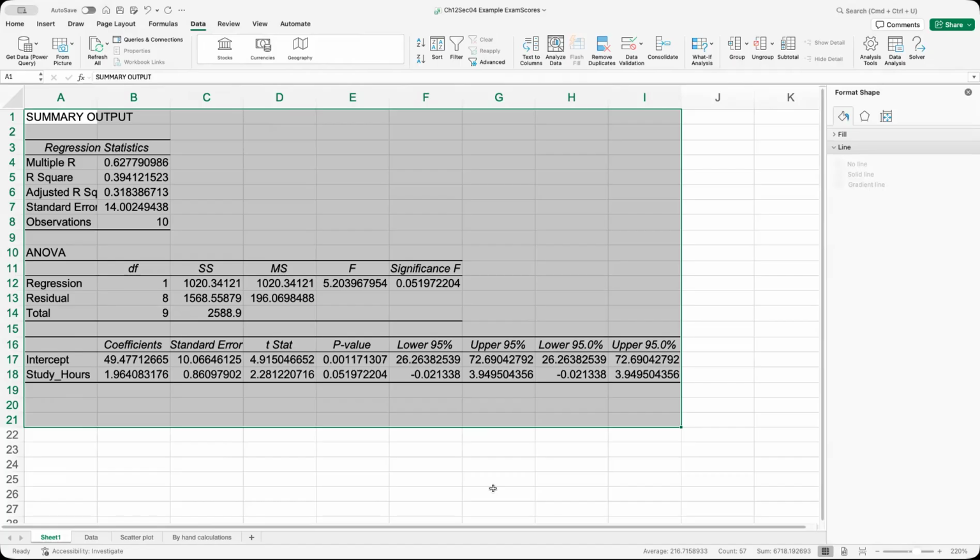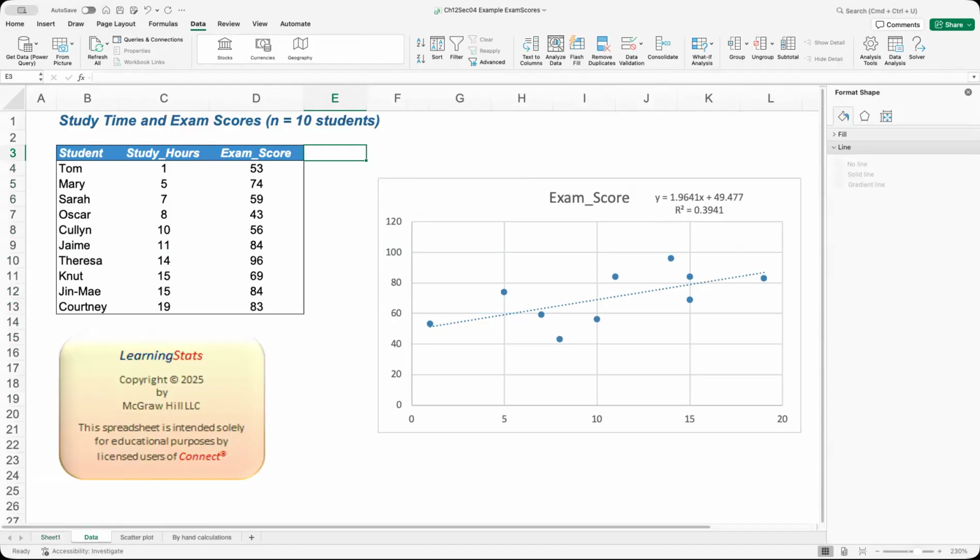Now, I'm pretty sure I can blame this on one person. Because if I go back and look at this data, I don't know what he was doing, but he studied for 15 hours and earned a 69 on the exam. Ow. That probably threw my data off a little, wouldn't you say?